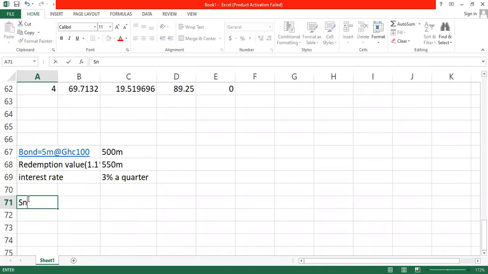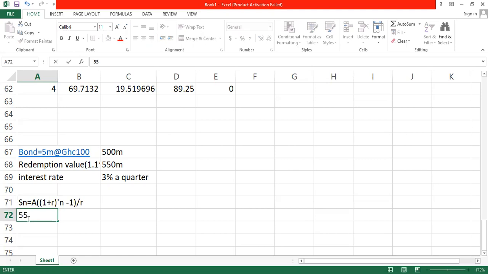The future value is equal to A into bracket, another bracket, 1 plus R, bracket closes, exponent n, minus 1, all divided by R. So our R over here is what? 3%.